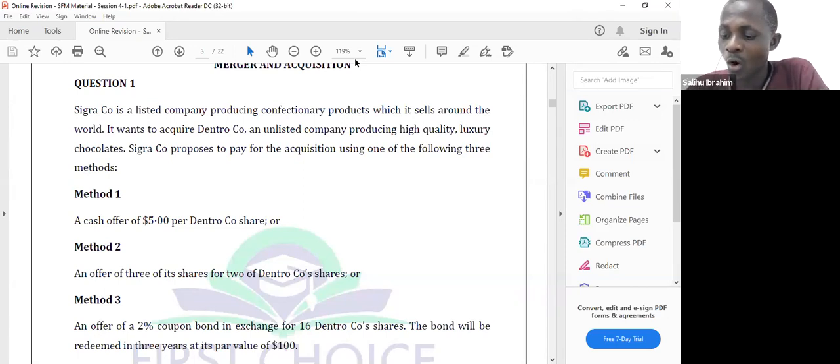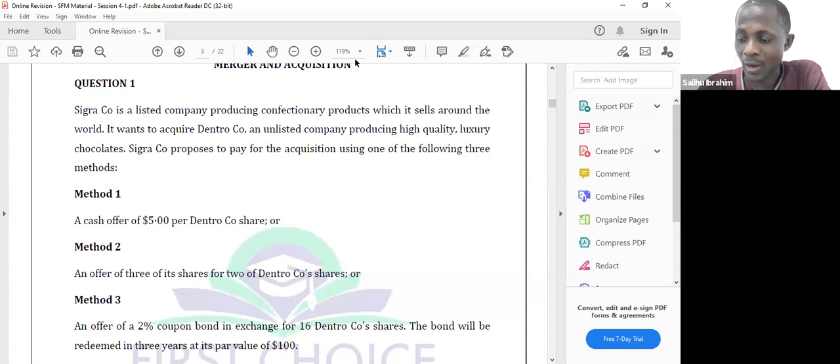Now, when you come across a question on merger and acquisition, how do you approach such a question? The first thing is that you must value. That's step one. I'm giving you the steps now.